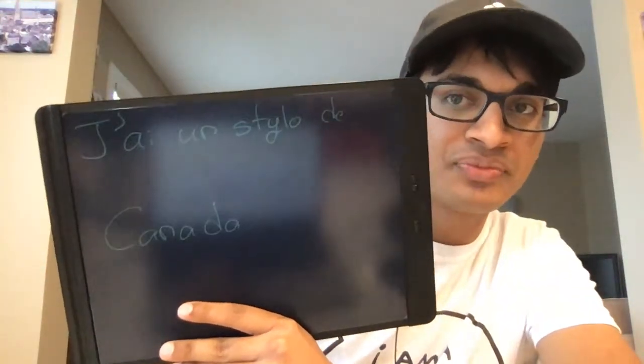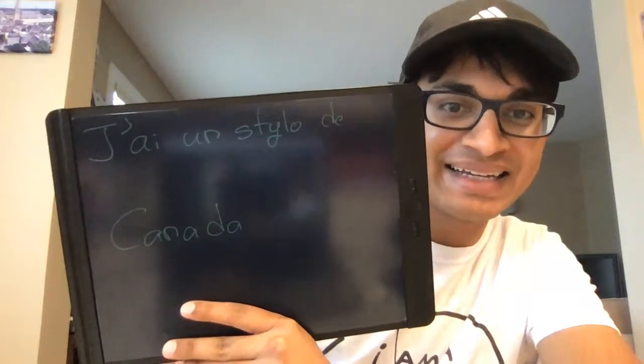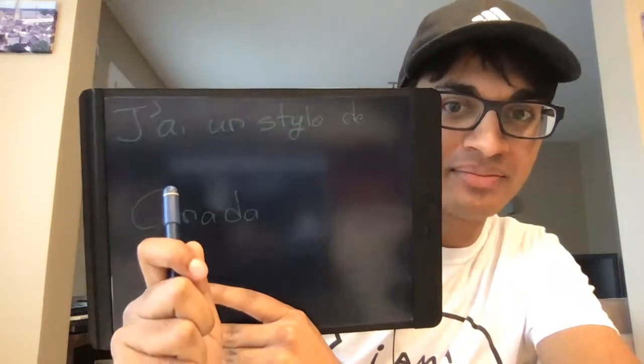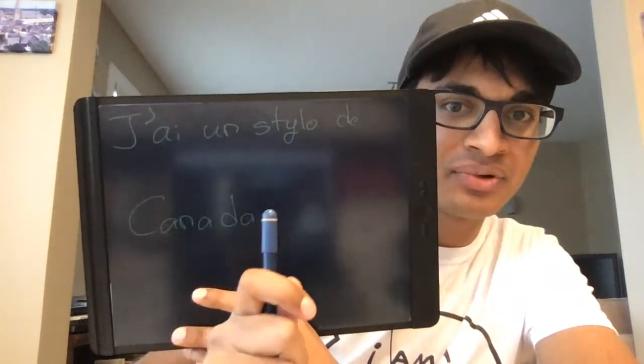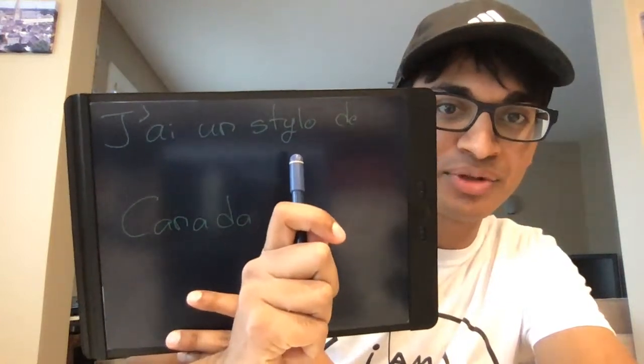So let's write it on here as well. J'ai un stylo, we've seen. J'ai un stylo de Canada. So we know j'ai. I have. We know un stylo. We just saw it a moment ago.